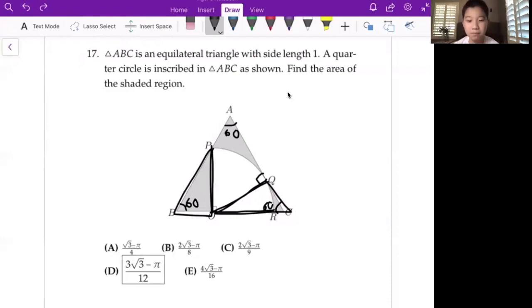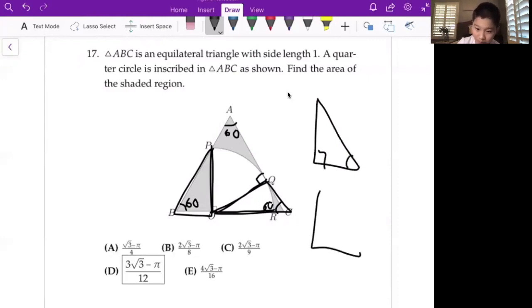Are they the same? Well, we've seen that two angles are the same in both of these triangles, but that doesn't mean anything yet. It means that they're similar, actually.